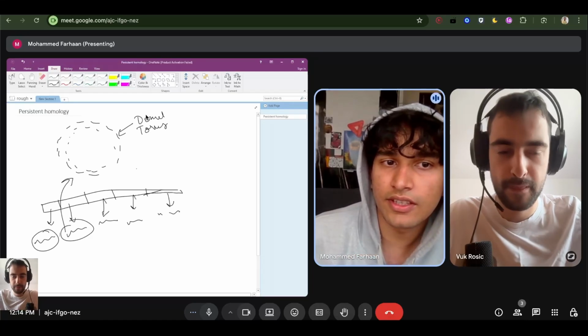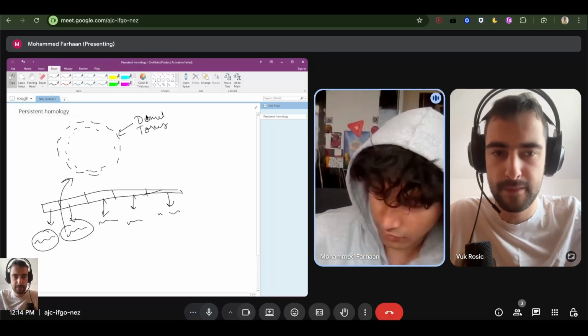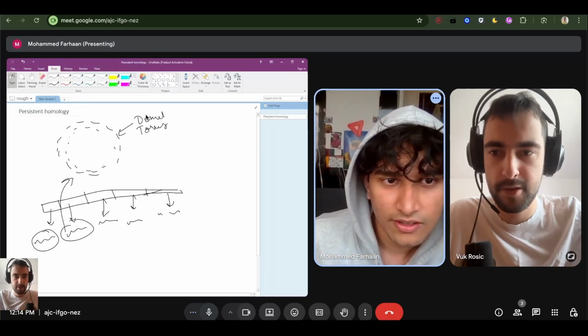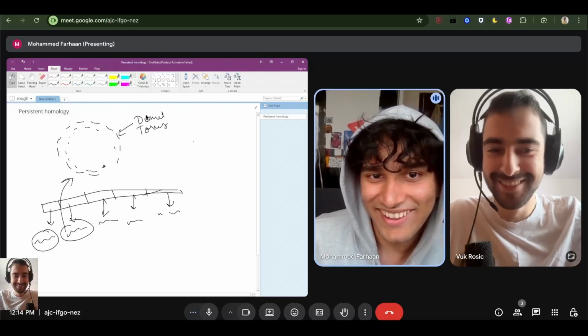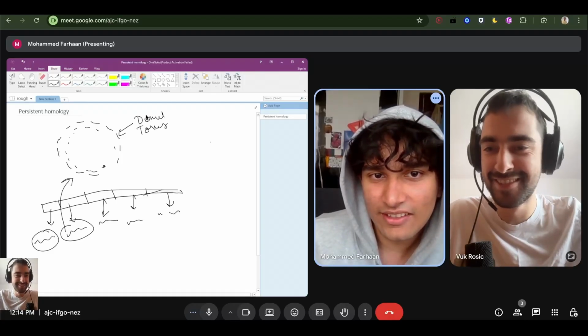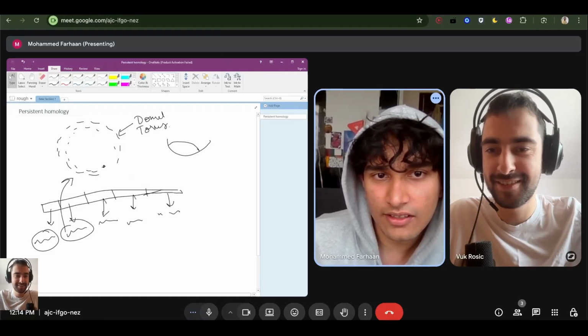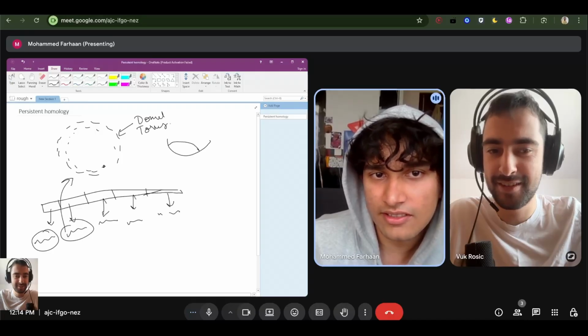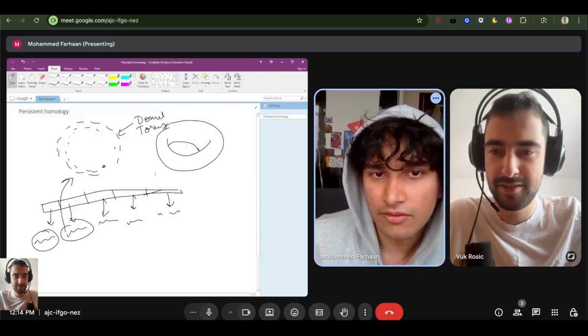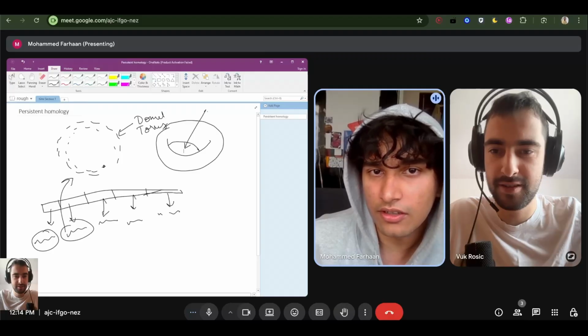A donut structure over here, more formally, is a torus structure. It's basically a two-dimensional surface, called a manifold, with a hole. Or more formally, you would say that the genus of this surface is one.